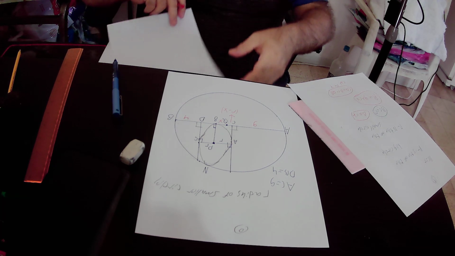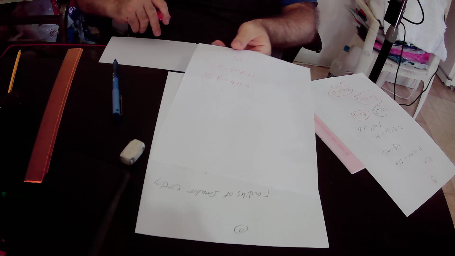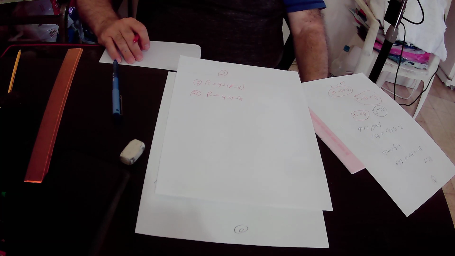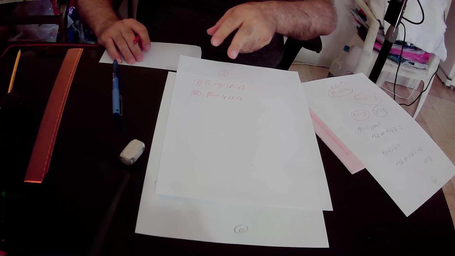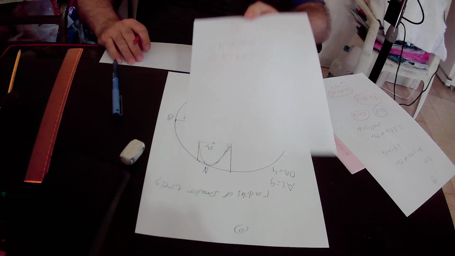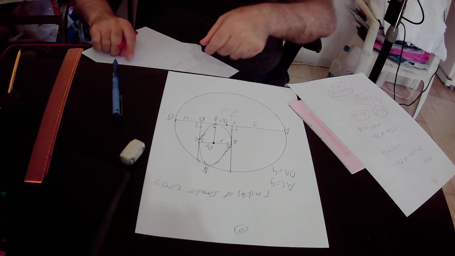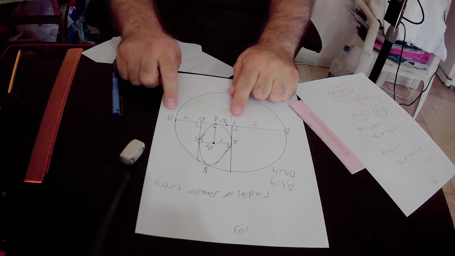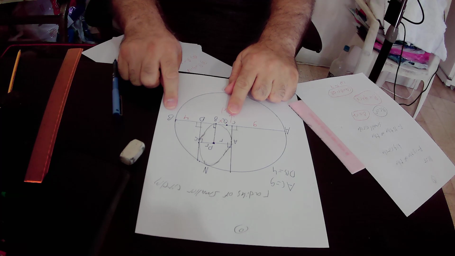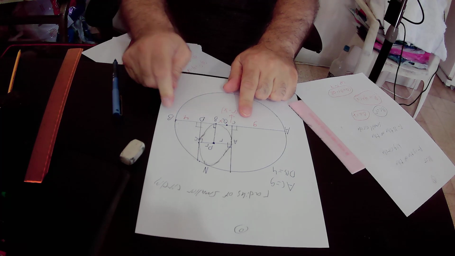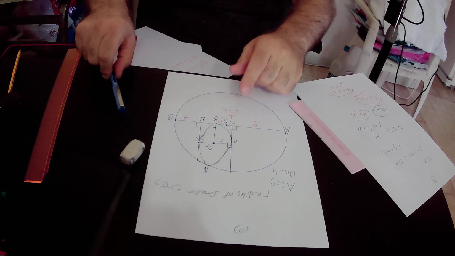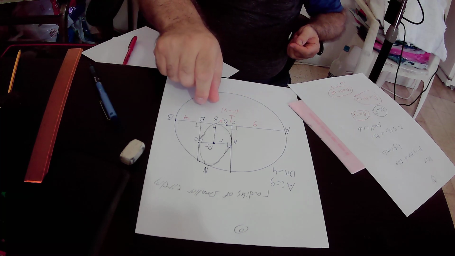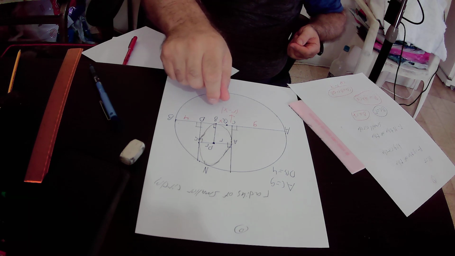So the radius of the big circle from the other side is 4 plus r plus x.